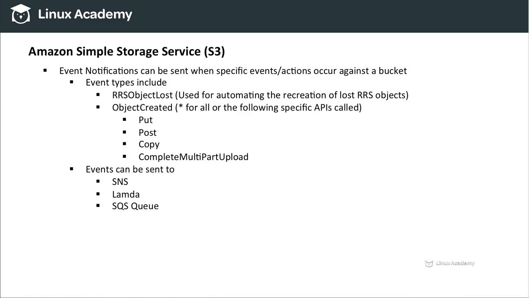Whenever you upload all of your parts that we discussed a minute ago, the API call complete multi-part upload is completed, and it can send us a notification, which we can then send to SNS, Lambda, or SQS and integrate with our automation infrastructure to be notified of objects.